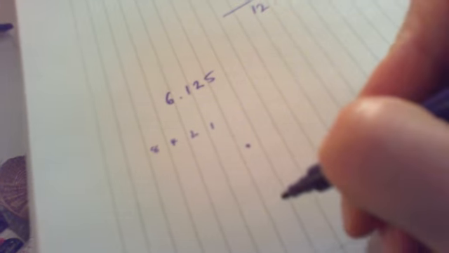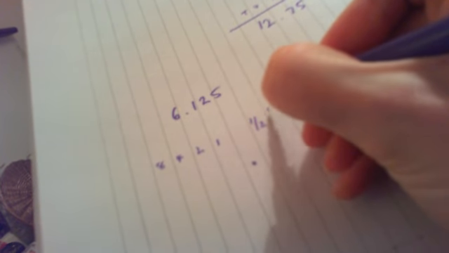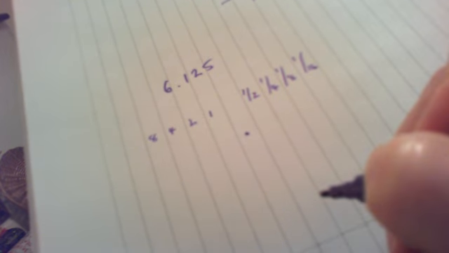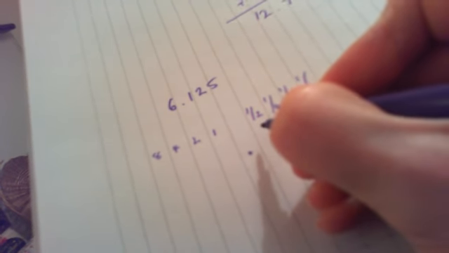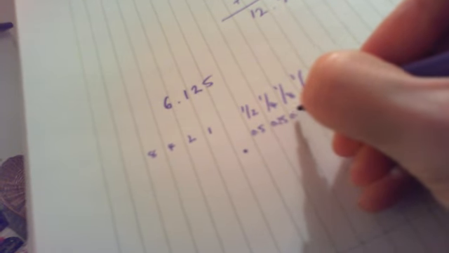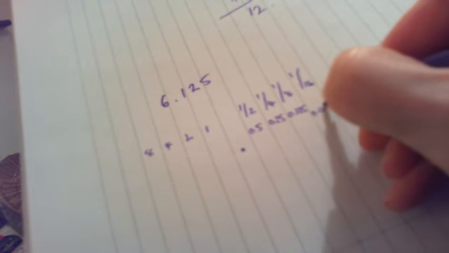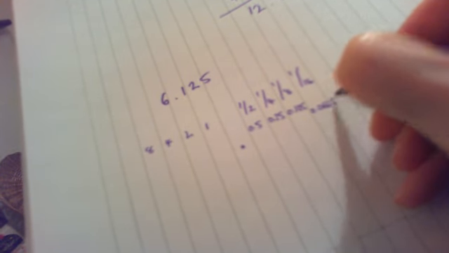Put a decimal point down here. Now we've got a half, a quarter, 1/8, 1/16. Okay, and we know that that equates to 0.5, 0.25, 0.125, 0.0625.